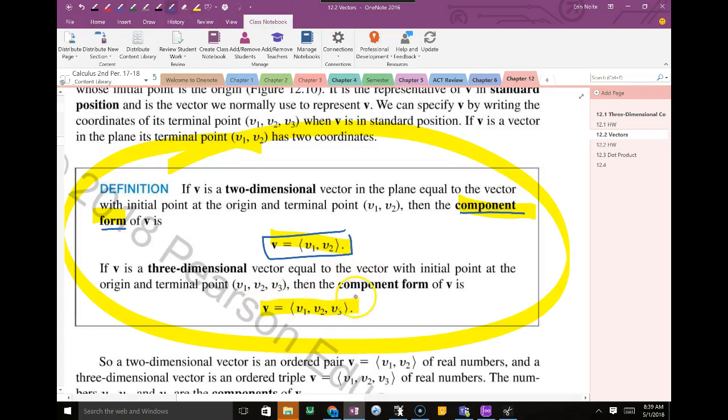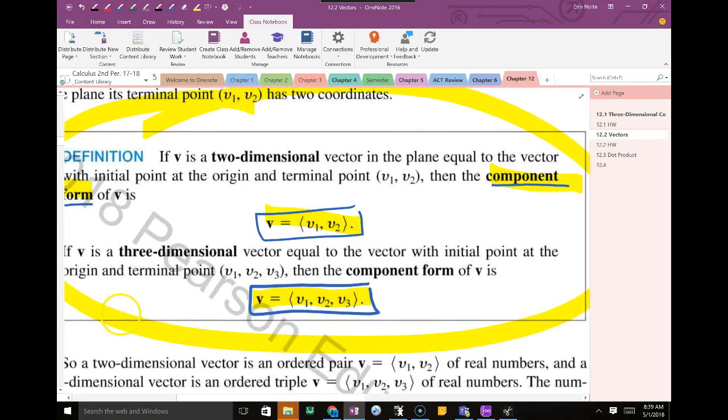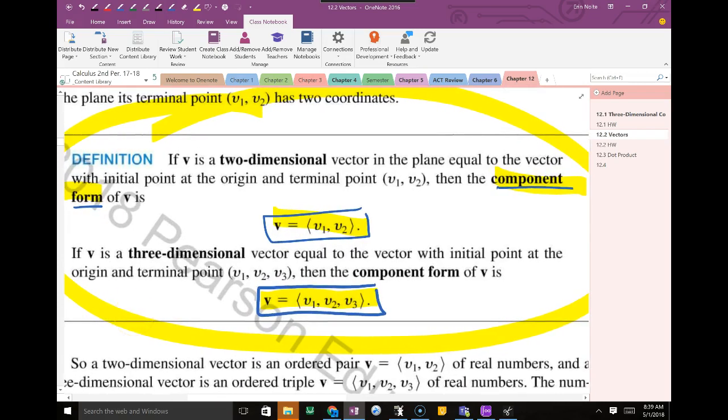Okay, and what do you notice about this notation of a vector? What does it look like to you? It kind of looks like a point, right?